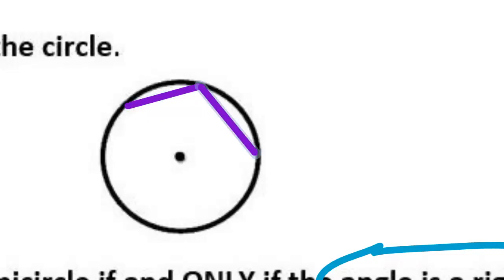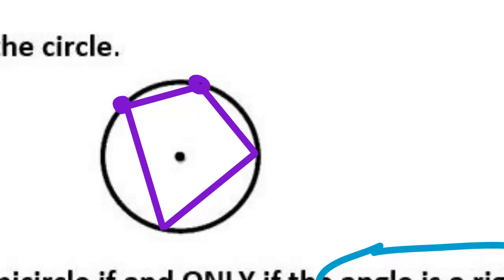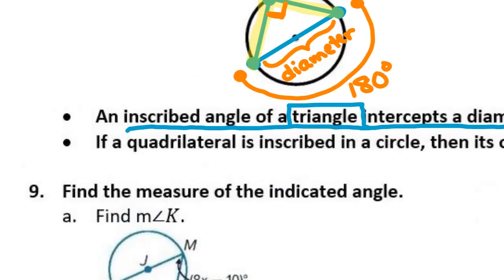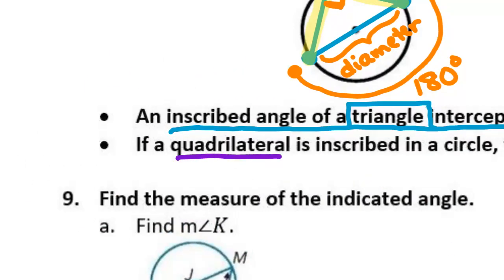And then we're going to draw a quadrilateral in this other circle over here. Inscribed because 1, 2, 3, 4. All 4 vertices are on the circle. When I have a quadrilateral, a 4-sided shape, right here, 4 sides.